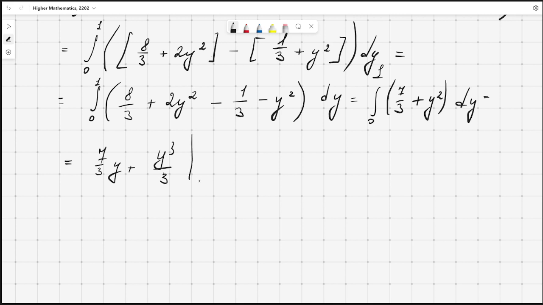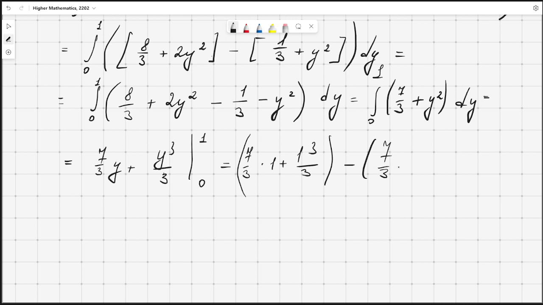Double substitution, 0, 1. Substitute y is 1 here and here: 7 over 3 times 1 plus 1 cubed over 3, minus our lower limit. We have 7 over 3 times 0 plus 0 cubed over 3.